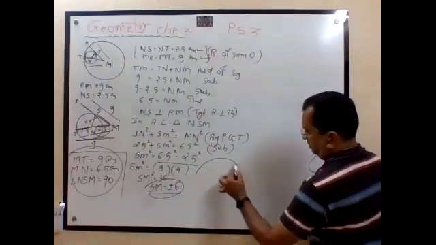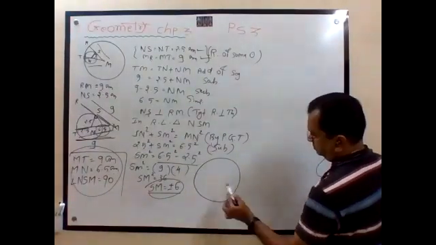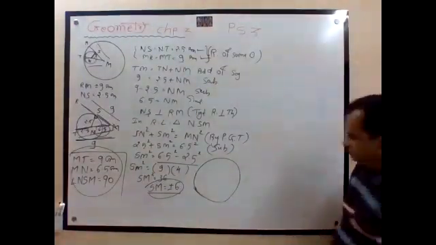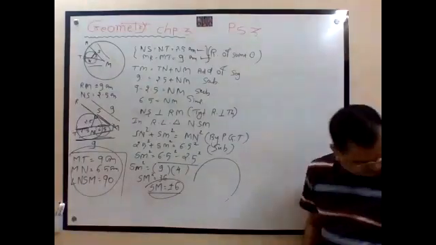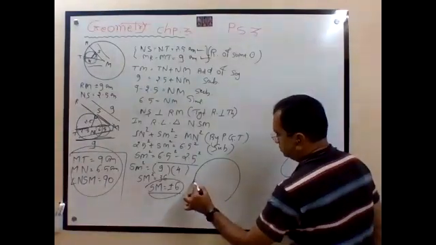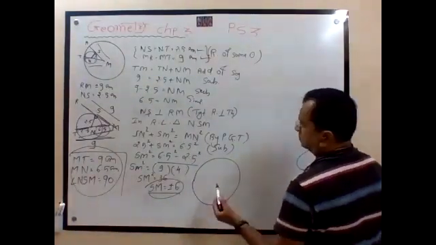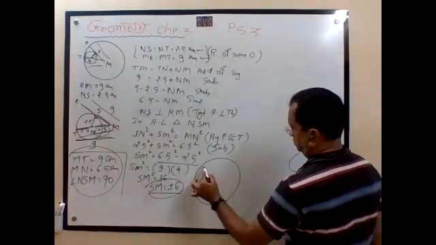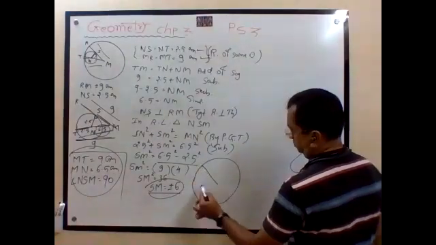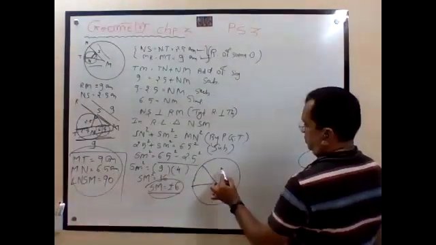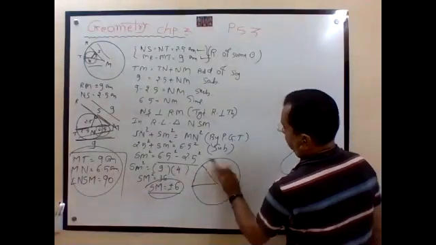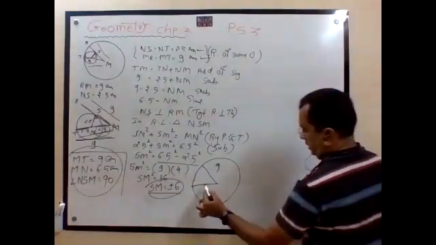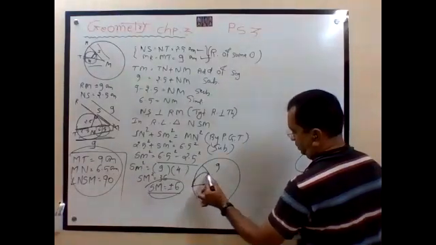Again, I want to explain. Both are 9, sorry, 9, 9. Now from here, one circle is drawn.